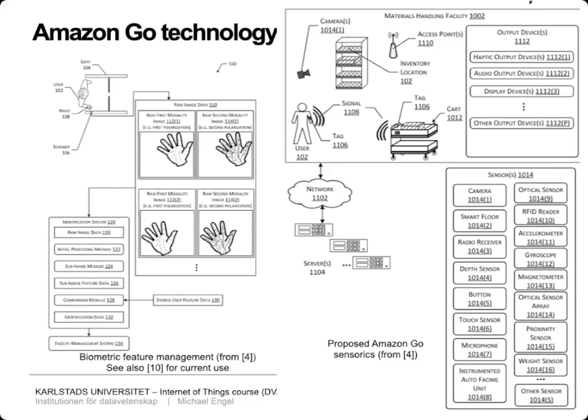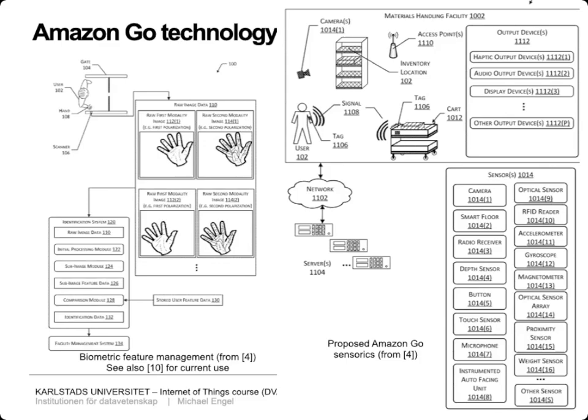And as you see on the right-hand side, Amazon imagined implementing more sensors. So there's something like smart floors that can identify where someone is walking. You have depth sensors, so you can maybe figure out how many of an article are sitting behind each other in the shelf. You can have buttons for dispensing something like a piece of bread or something, touch sensors, microphones, instrumented auto-facing units.